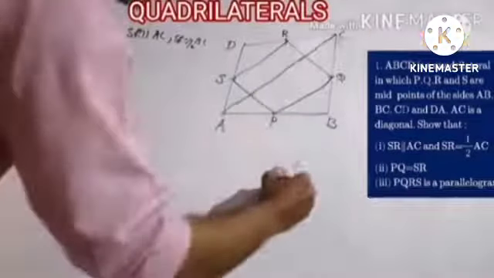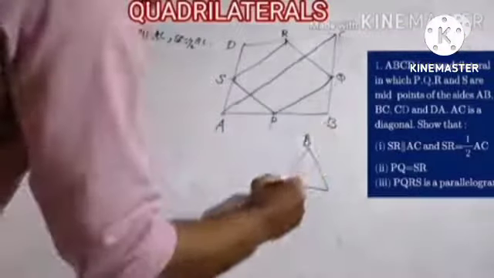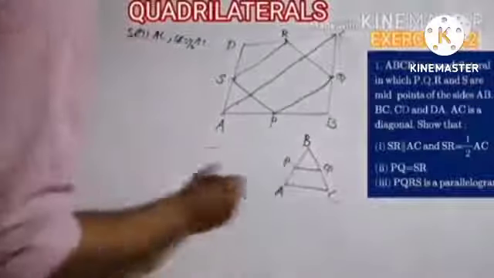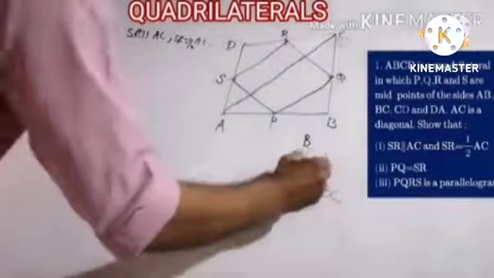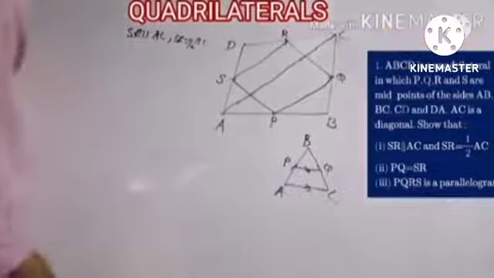See this big figure. Suppose ABC is like this, with A, B, C, and P, Q on it. P and Q are the midpoints, so we can say that PQ is parallel to AC and equal to half of AC. That is the midpoint theorem.